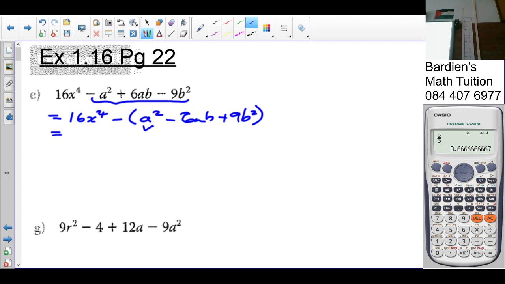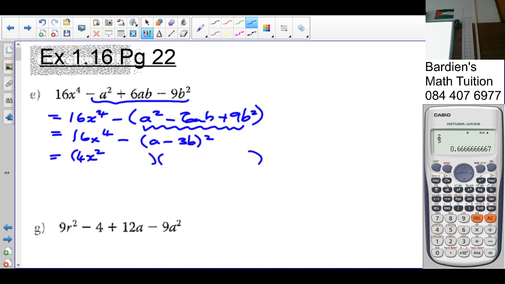So as you can see, this is a perfect square trinomial, so it's going to give you 16x4 minus a minus 3b all squared. The square root of a minus 3b all squared is a minus 3b.